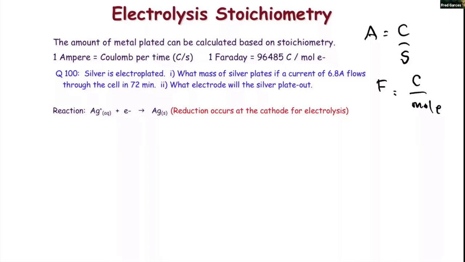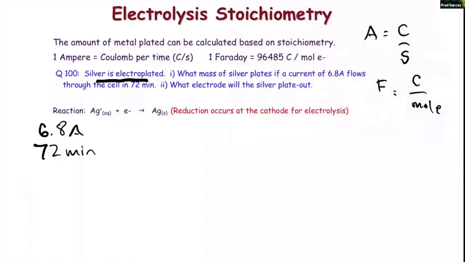So take a look at this problem. Silver is electroplated. What mass of silver plates out if 6.8 amps flows through the cell in 72 minutes? Okay, so we're looking at the mass of silver that is going to be produced by this electrolysis process.